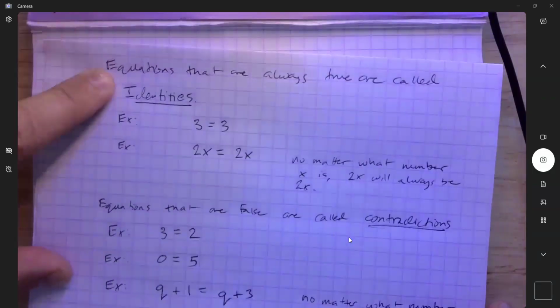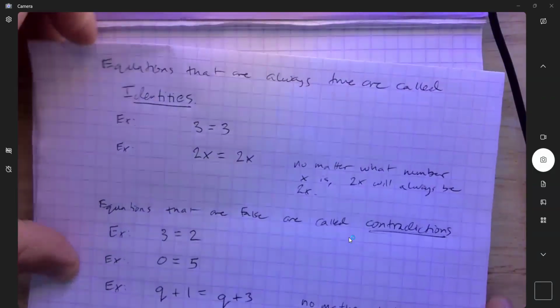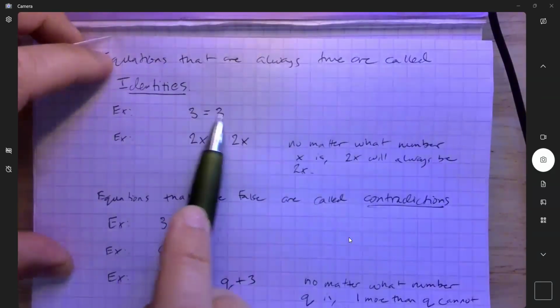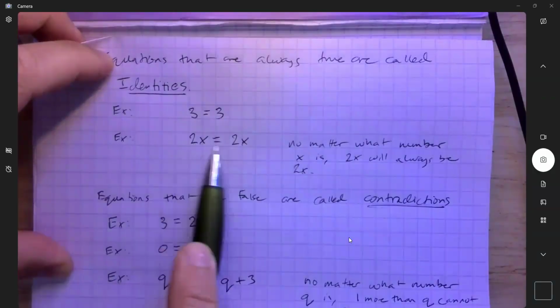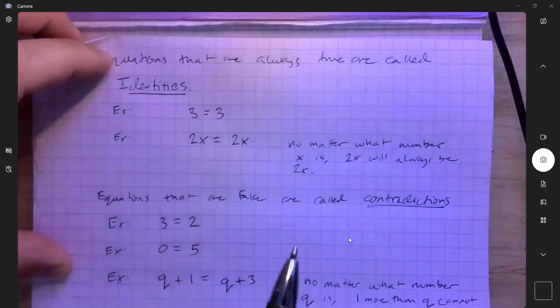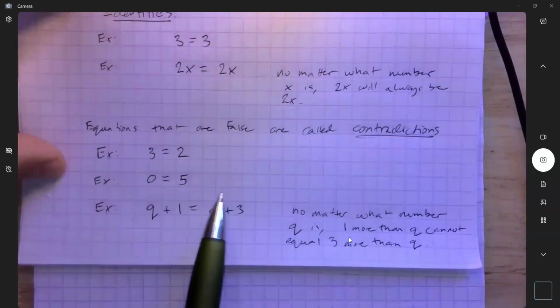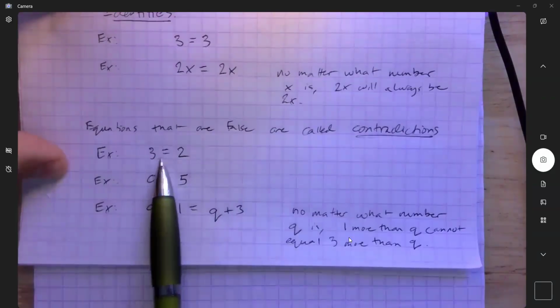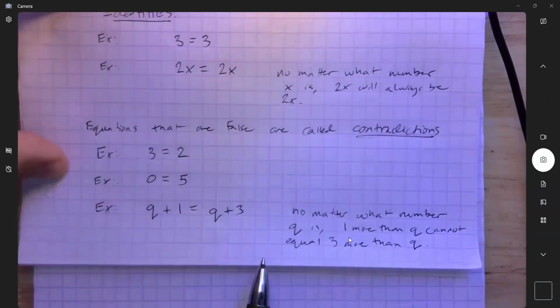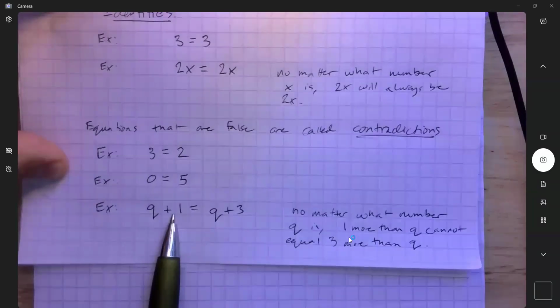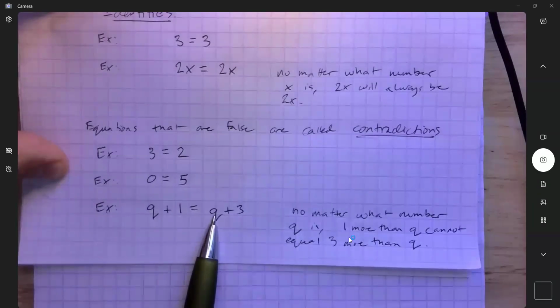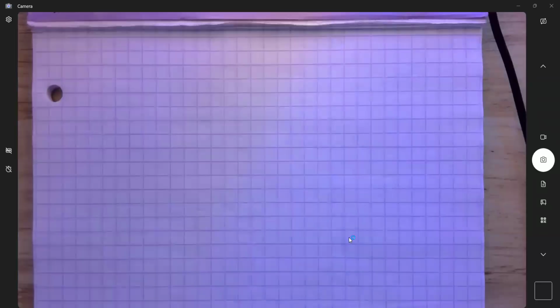We have identities, equations that are always true, whether it's because it's just a number equaling itself or a variable expression equaling a variable expression. Equations that are false, that are never true, like different numbers can't be equal to each other. If I have any number and I add 1, it cannot be the same as that same number adding 3.